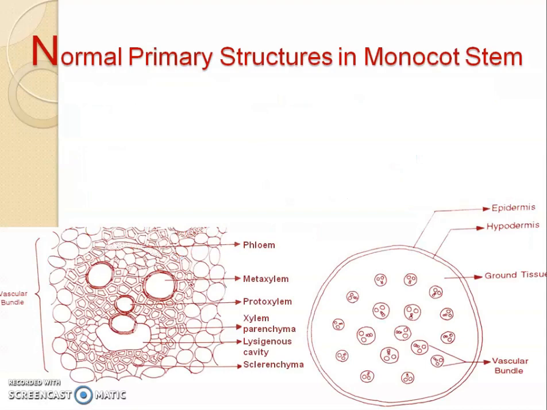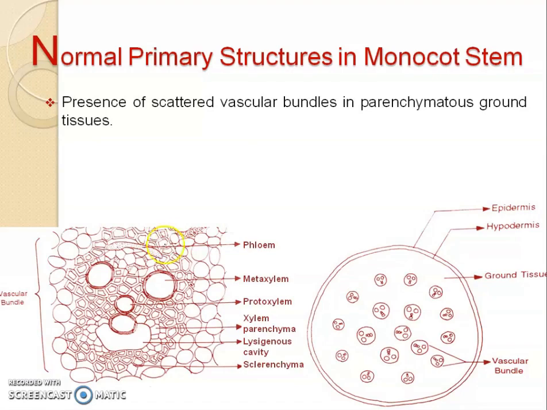Now, what are normal primary structures in monocot stem? In monocot stem, the presence of scattered vascular bundles in parenchymatous ground tissue is the normal primary structure. As in this case, this is the transverse section of monocot stem in which vascular bundles are distributed scattered in parenchymatous ground tissue.